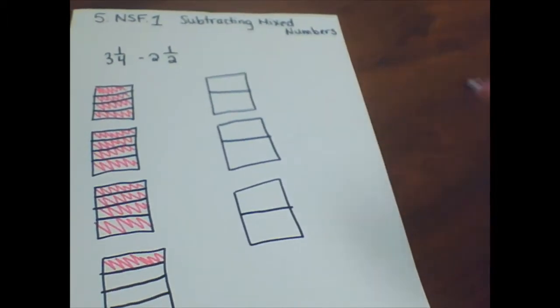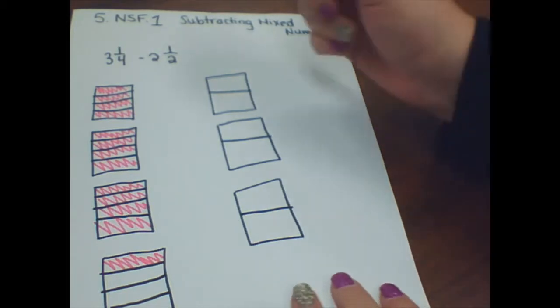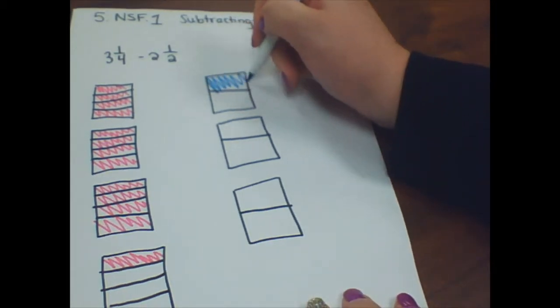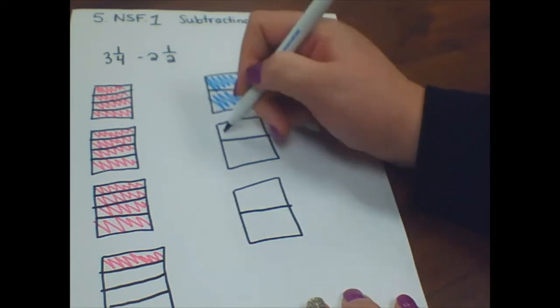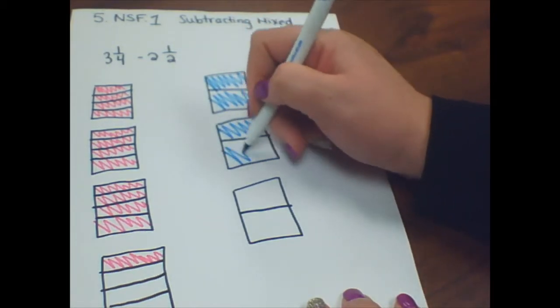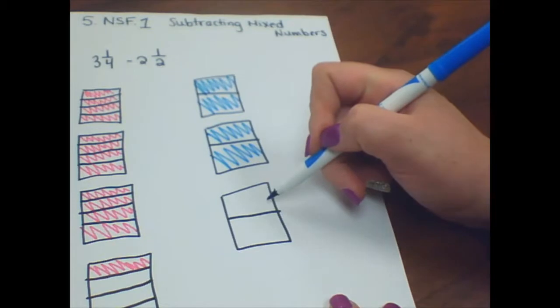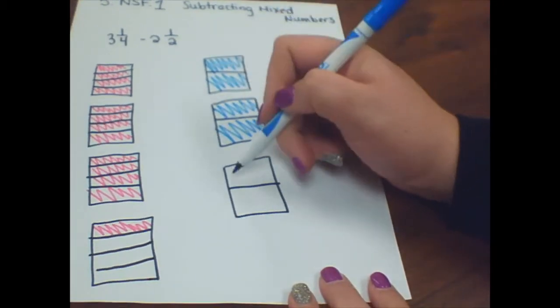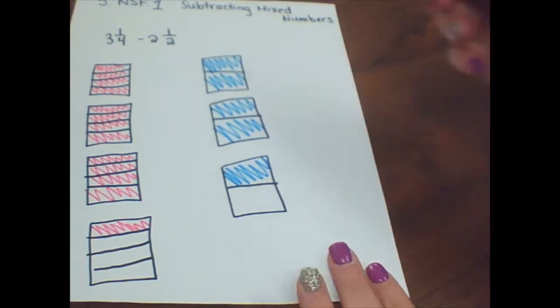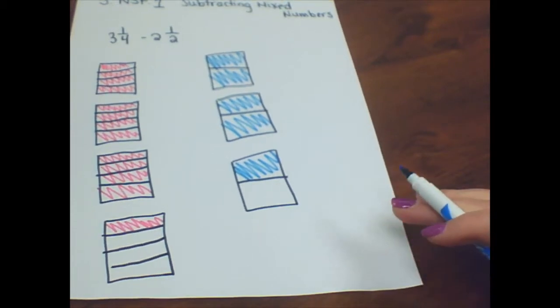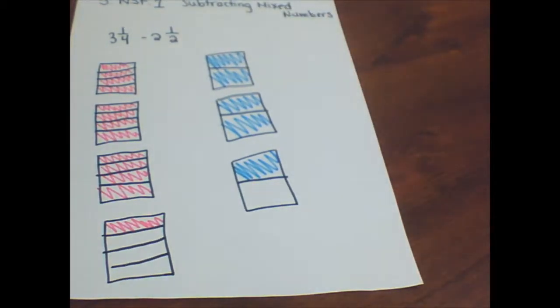All right, I need to shade 2 of them completely so that I get my 2 wholes. And then I only need to shade 1 here for my half. All right, so right now I have 2 models that represent both of my fractions.